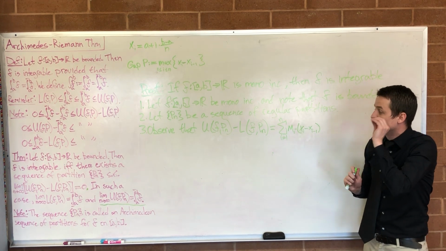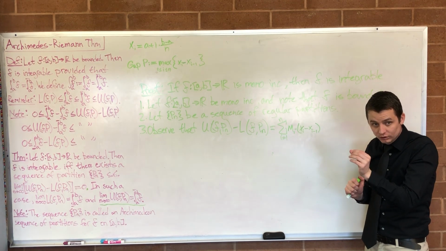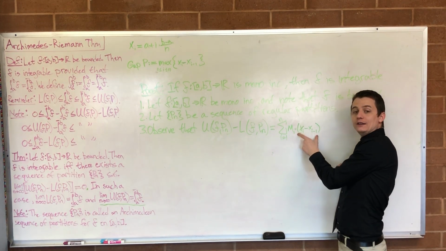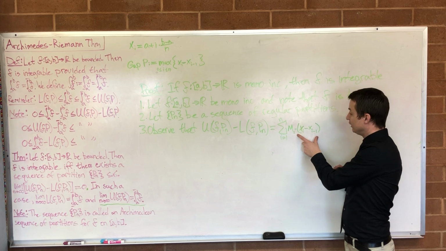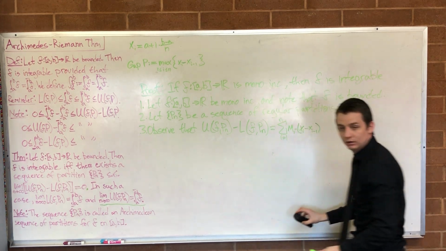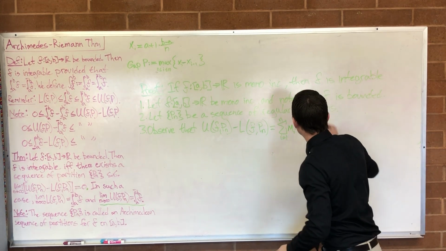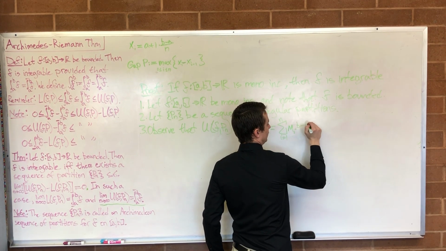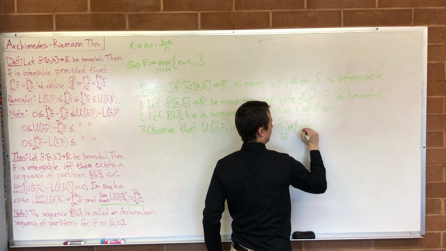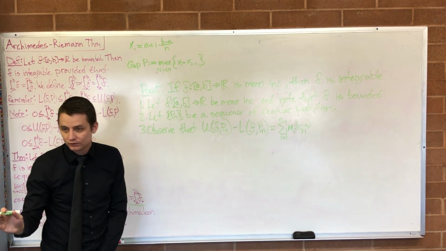Now, since this is a regular partition, all our interval lengths are the exact same number. And what is that number? It's b minus a over n. So don't get confused when I replace this with this. Does that make perfect sense?